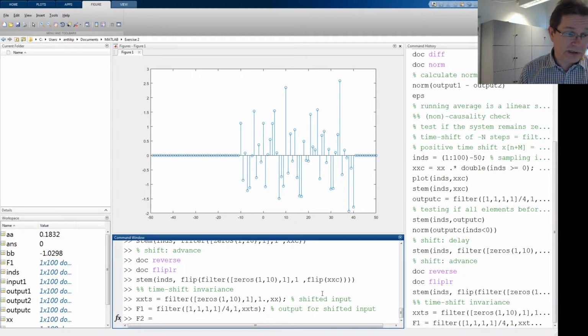So we first calculated F1, and then we calculated F2.